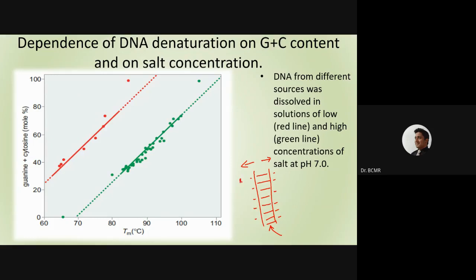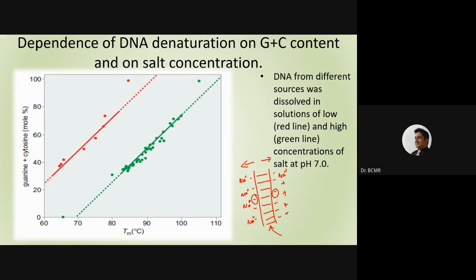Why is that? When you have NaCl, for example, Na plus binds to the negative charges on the phosphate backbone on both sides. I'll just put it as plus. So the repulsion between these two phosphates is reduced. Therefore, only the attraction is working, and then you need more energy to break it.